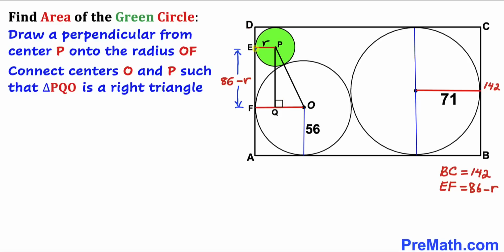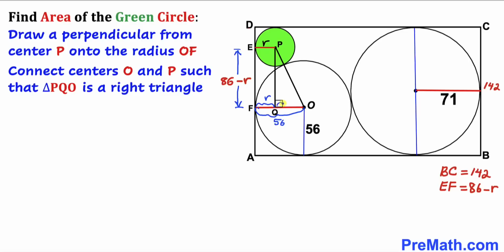Now we can see that this is our radius R, so this distance is going to be R as well. We know that the radius for this medium circle is 56 units.